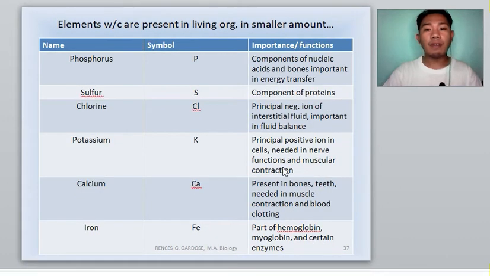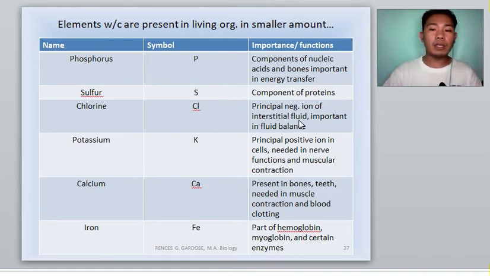Another, we have phosphorus, a component of nucleic acids and bones, which is important in energy transfer. Sulfur, which is also a component of proteins. That is why rotting meat has a pungent smell because of the sulfur.